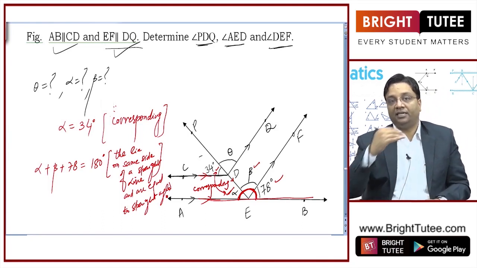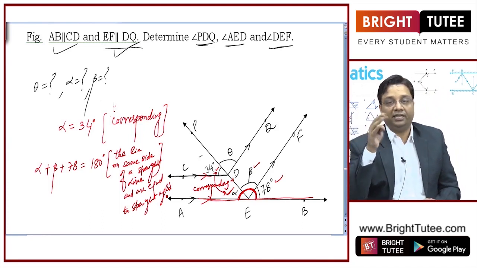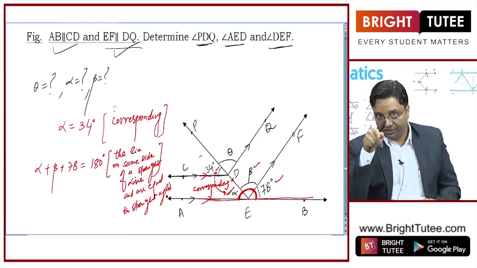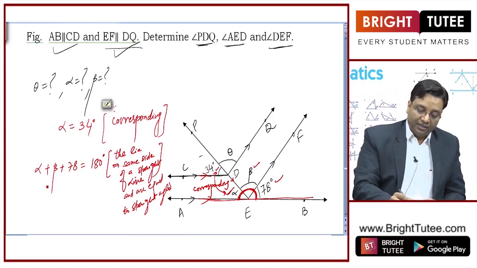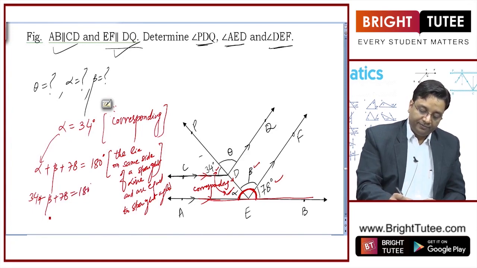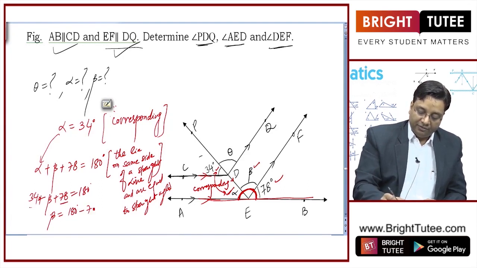It is not necessary that the angles lying on the same side of a line will be equal to 180, but if they are covering a complete straight angle, that means their sum is 180 degrees. So now I'll put the value of alpha, 34. So 34 plus beta plus 78 is equal to 180. This will give me beta equal to 180 minus 78 minus 34.